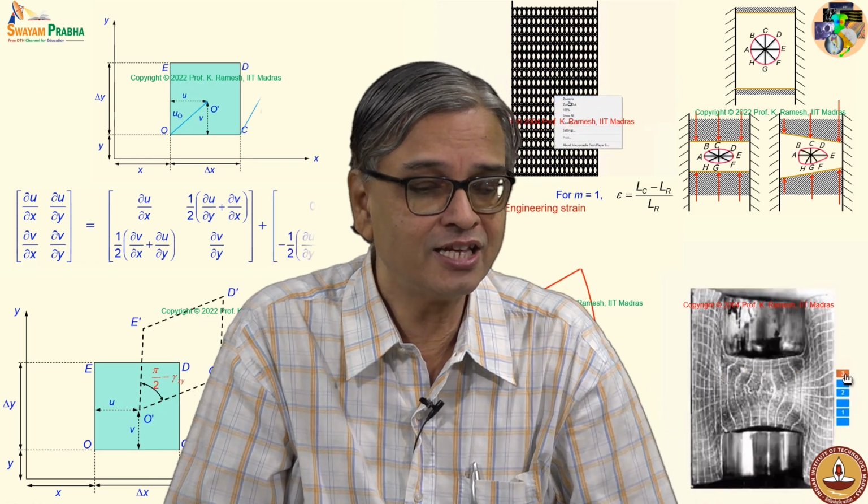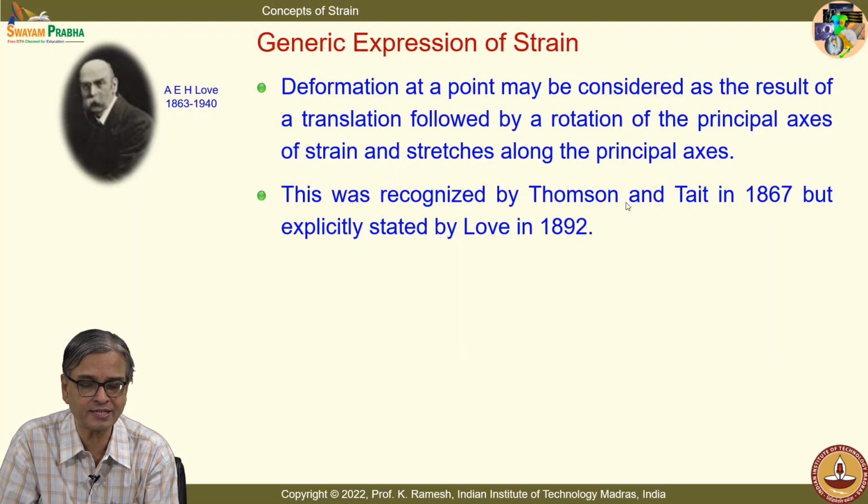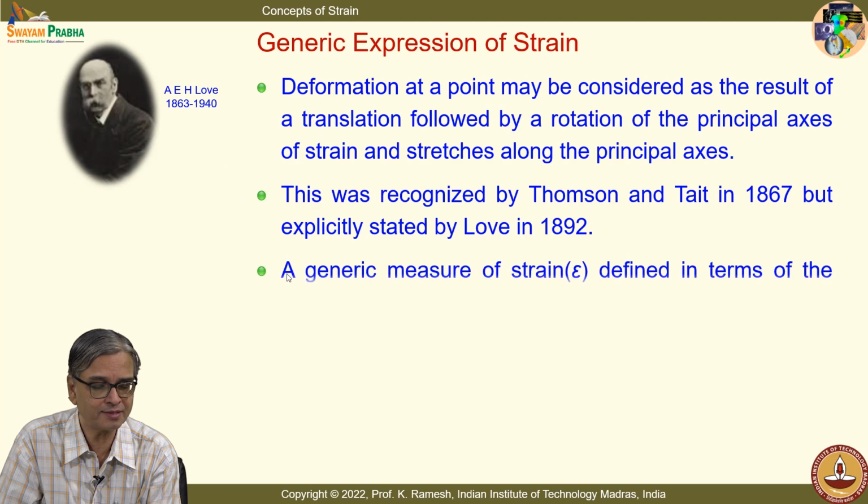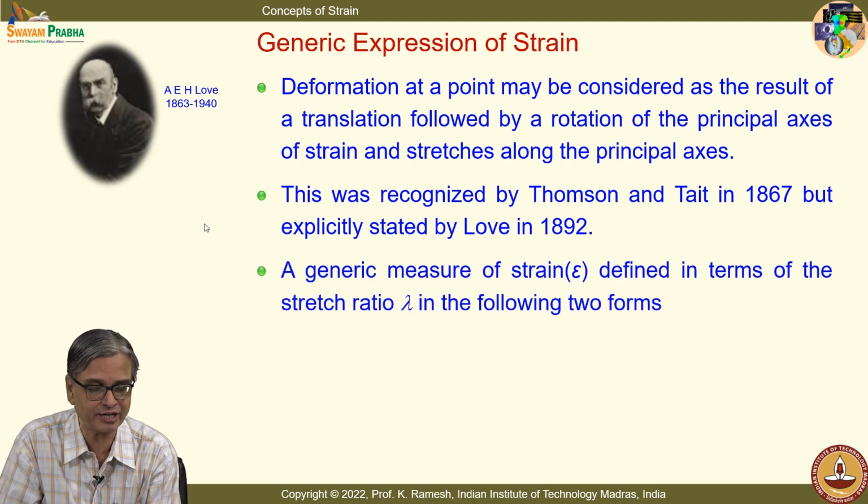Fine. And this was recognized by Thomson and Tait in 1867, explicitly stated by Love. He was one of the pioneers in writing the first book on theory of elasticity, but the symbolism is very difficult to decipher in the modern notation. And there is also a generic measure of strain defined in terms of the stretch ratio in the following two forms basically, but this could be expressed in a much simpler way for different values of m.